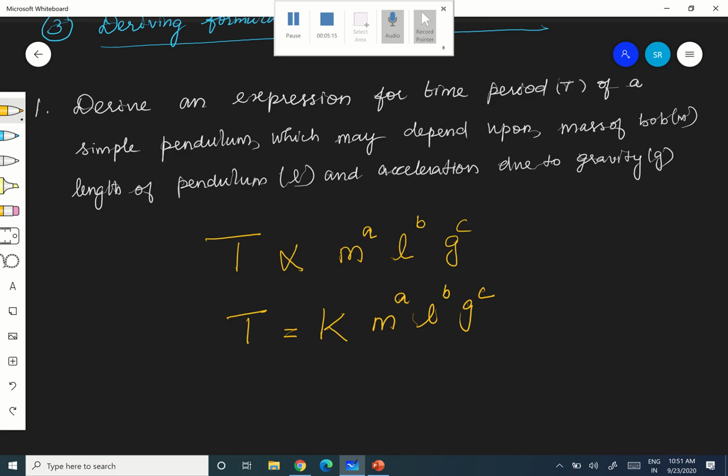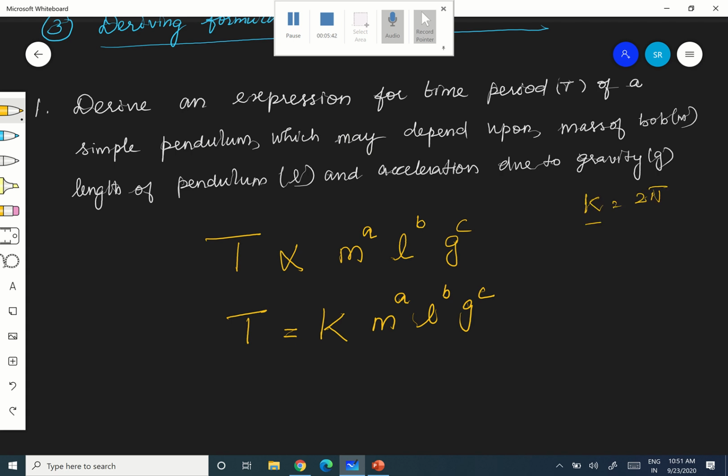By using the method of dimension, we can find out how it depends on M, L and G, but we cannot find out the value of k, definitely. Sometimes in the problem itself, they will give the value of k. K differs from one formula to another; it will not be the same. In this formula, for example, the value of k is 2 pi.